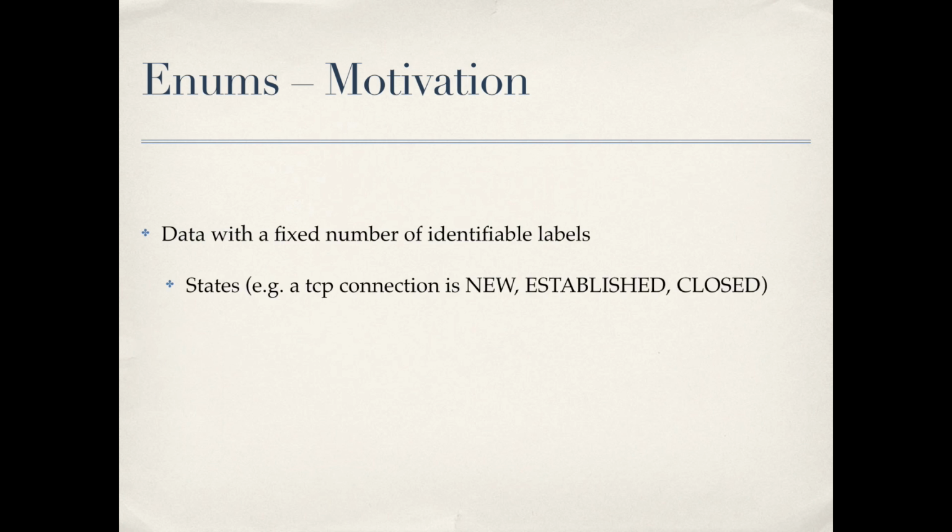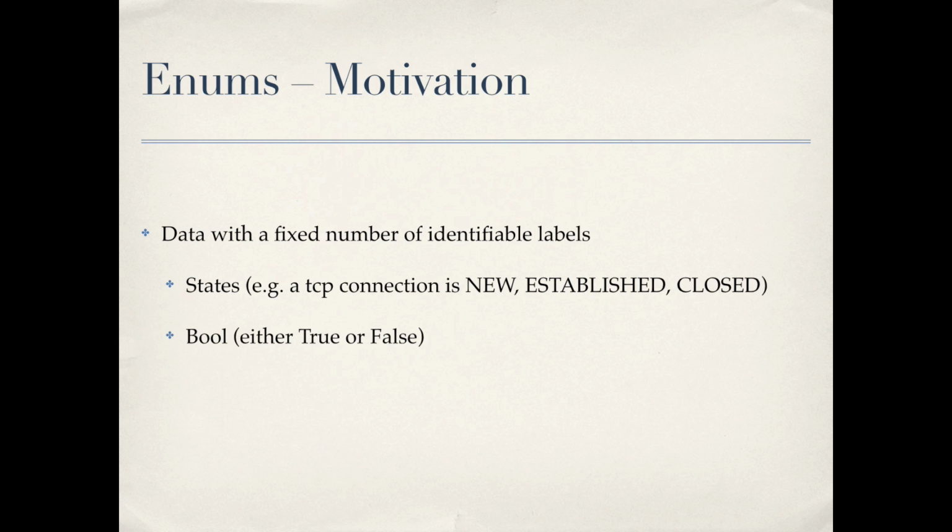So imagine a situation where we have a fixed number of identifiable labels. For example, a TCP connection can have different states. It could be new, if we create it. It could be established, if we have an open link, or it could be closed.